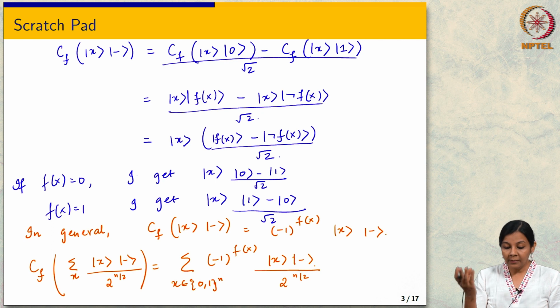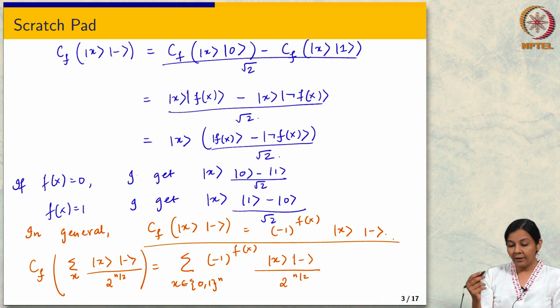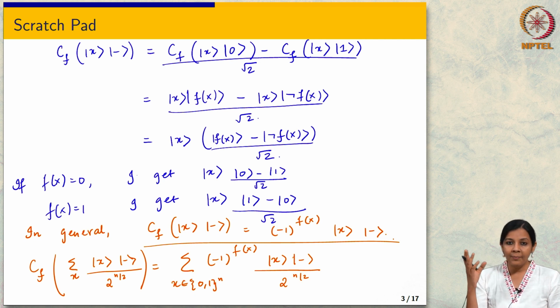So what is it really doing? Maybe the thing to really internalize is in fact for a single x. If I apply the function, think of it as a function oracle, because I don't in general want to worry about how I implement this function, like what quantum circuit I use.